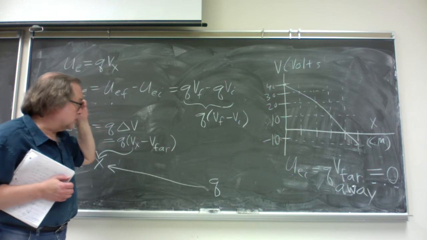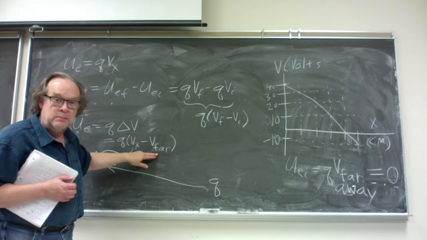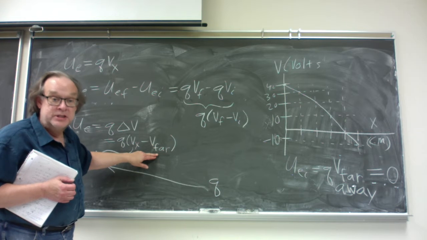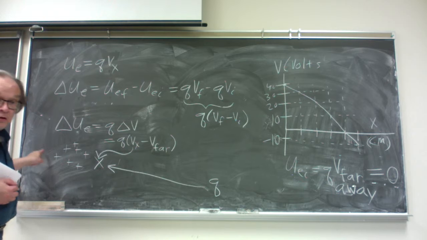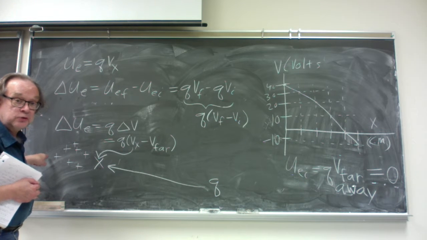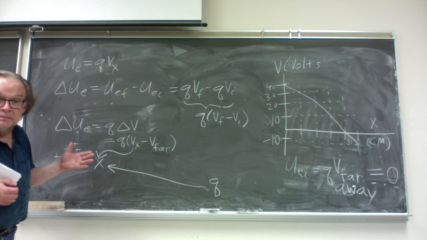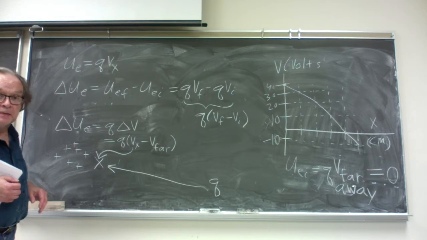And as a result, we just say that the faraway point has a potential of 0, like too far away for these charges to have any influence at that faraway point. By influence, I mean create a field and a potential at that faraway point.